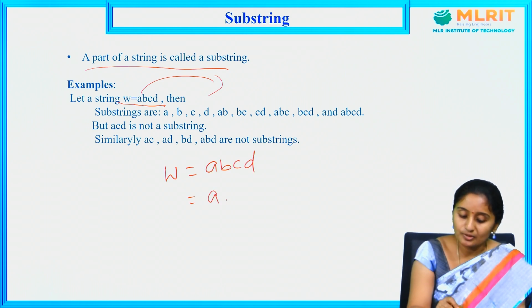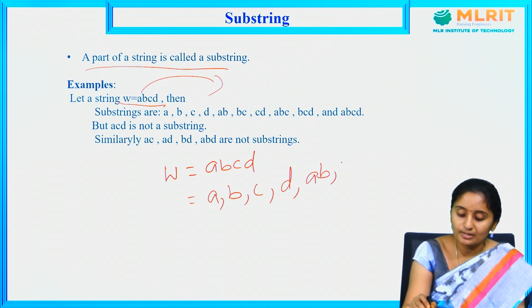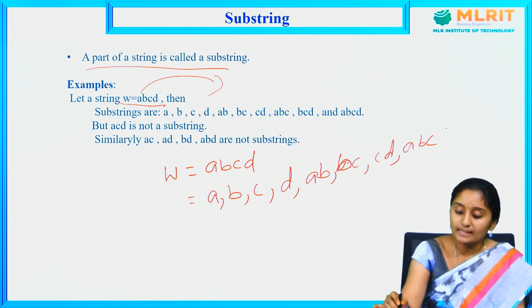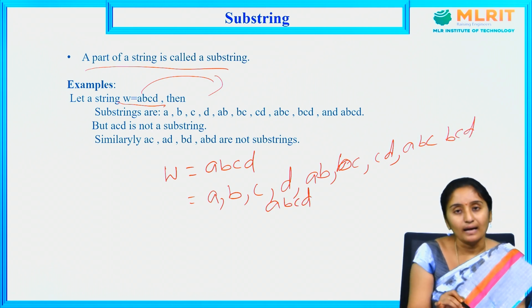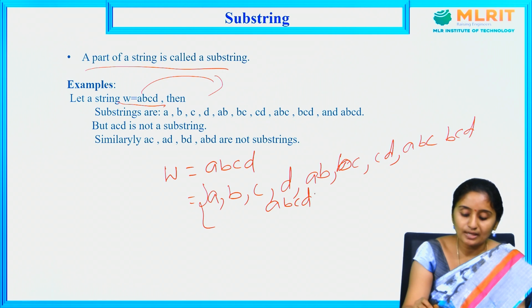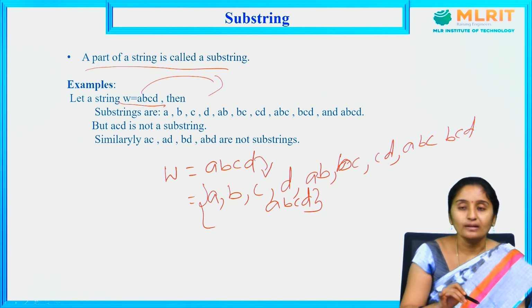A is one substring, B is one substring, C is one substring, D is one substring, AB is one substring, BC is one substring, CD is one substring, ABC is one substring, BCD is one substring, and ABCD is another substring. So these are the substrings that are present from the string W.